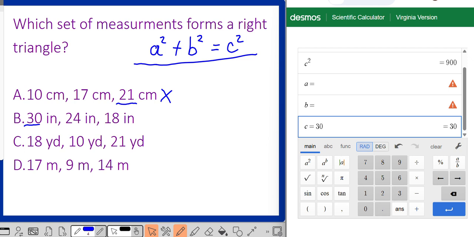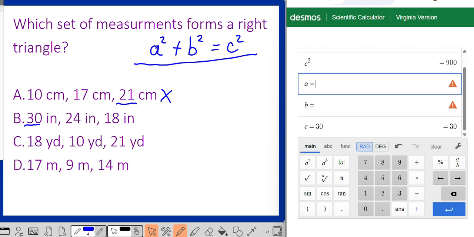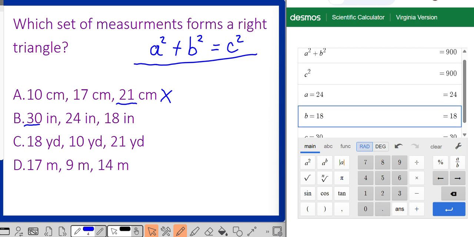So make sure your largest number is C. Then your legs, 24 and 18, can be A or B, it doesn't matter what order. The only one that matters is your hypotenuse, the longest one. And look there. A squared plus B squared is 900 and C squared is 900. So yes, this does form a right angle.